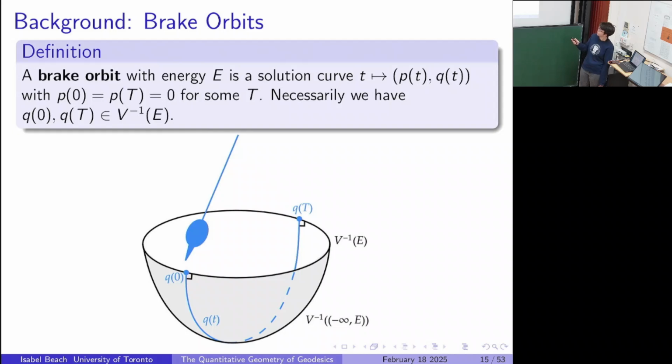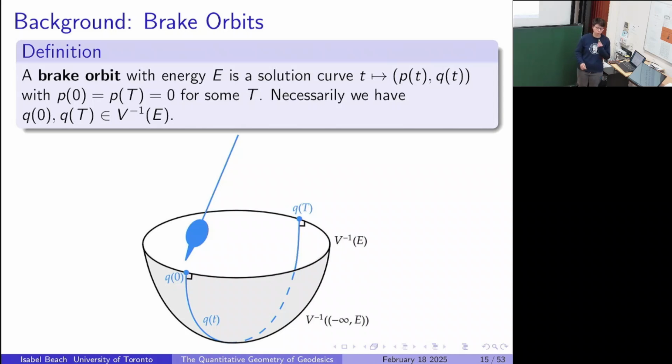And as a result of having energy E, the position Q is going to lie on the level set of E at time 0 and t. You can imagine V is my gravitational potential energy. I start with 0 velocity and release my pendulum, and it swings down and comes back up, and then it gets to the top and has 0 velocity because it's changing direction. It's just periodic between these two boundary points for all time. I will quickly note that this was a typo. These are not necessarily orthogonal.